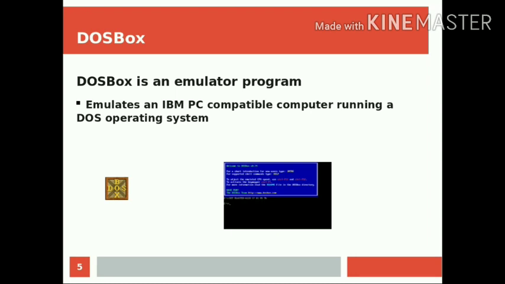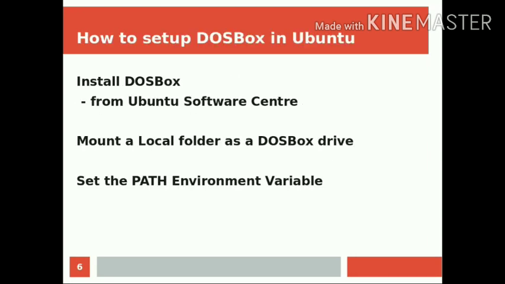This will act as a virtual machine, and with the help of DOSBox we can execute our 8086 based programs. So next is how to set up DOSBox in Ubuntu. We can install DOSBox from the Ubuntu Software Center.